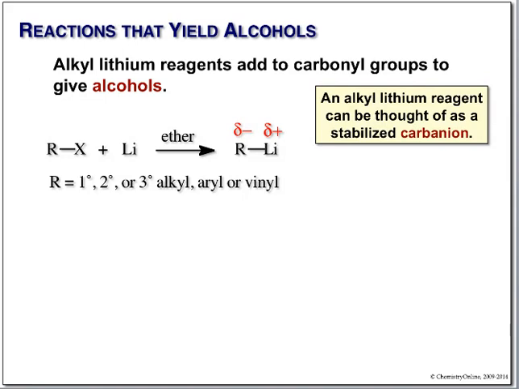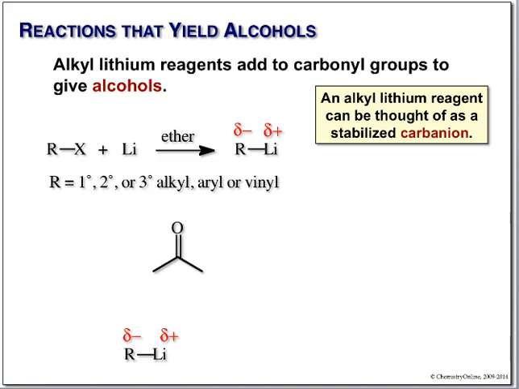All we do is react, say, bromobenzene with lithium, and we'll get phenyllithium as our compound. Now these guys are used two ways in organic chemistry. One is as a base. If you need something that's really basic, this is essentially a carbanion, very, very basic, use it that way. Or we can add it to carbonyls.